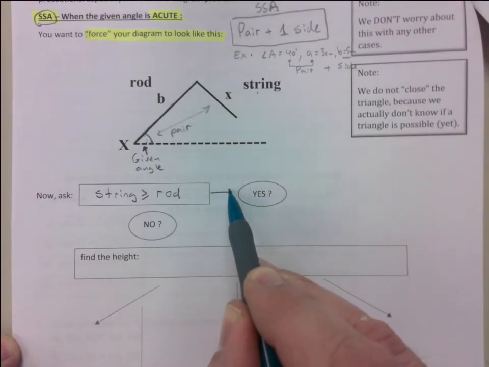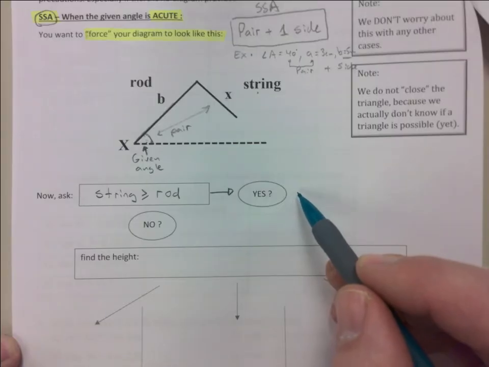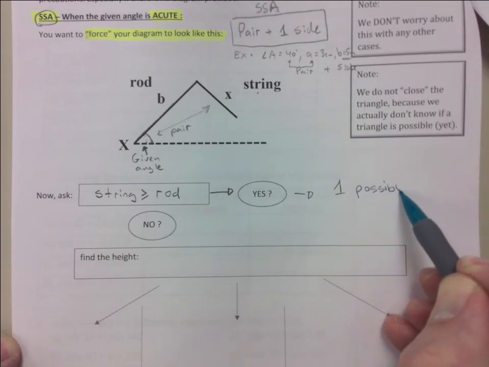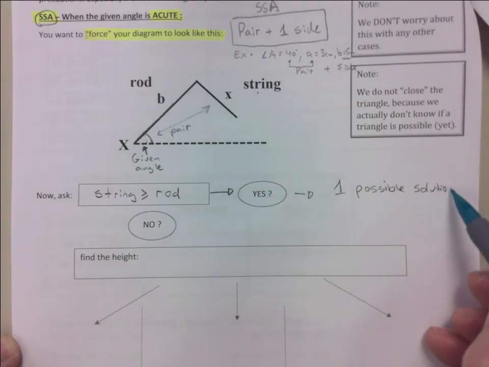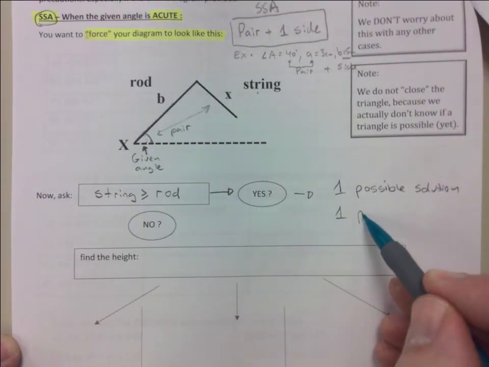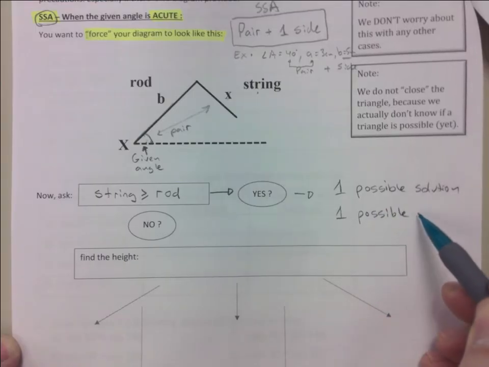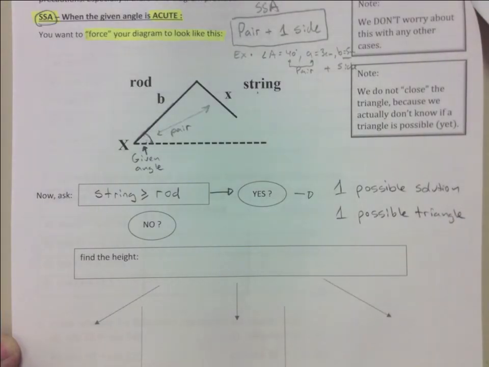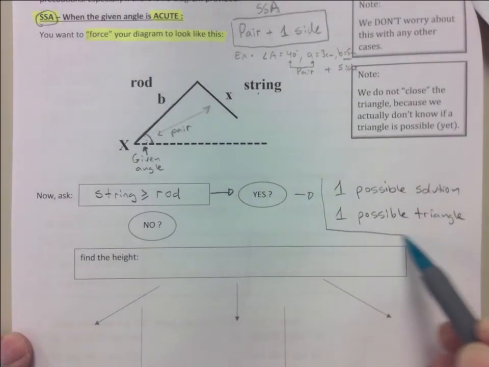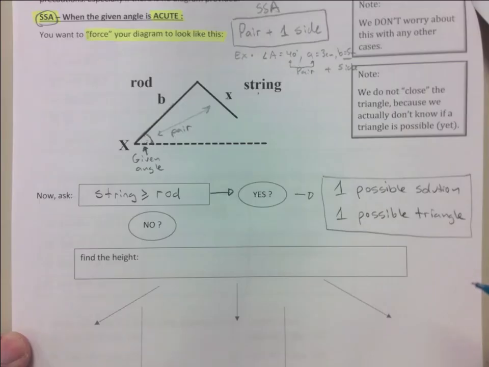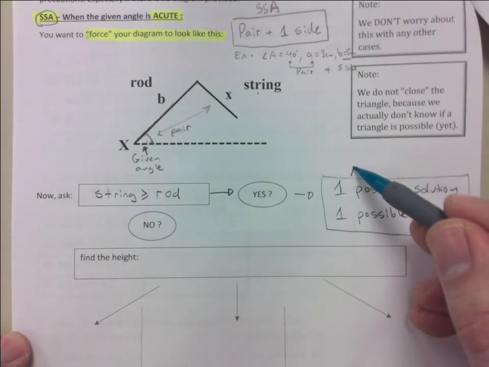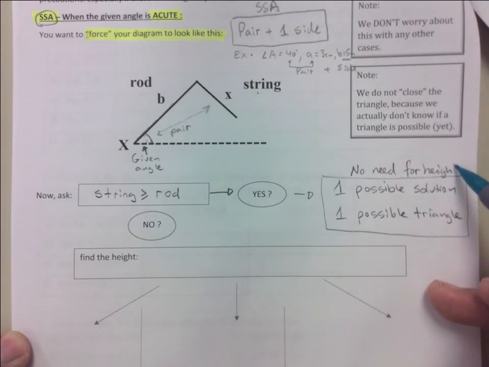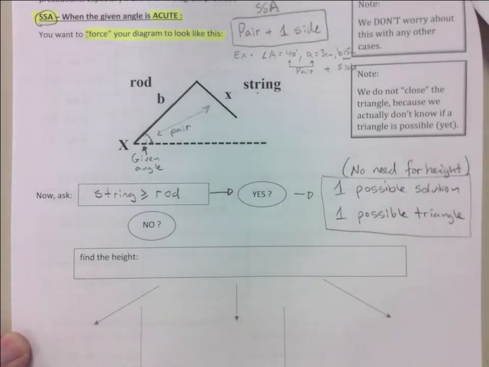If you can say that the answer is yes, then you've got one possible solution, or one possible triangle. Either way is fine. This is your conclusion. And I will add something: no need for the height there.